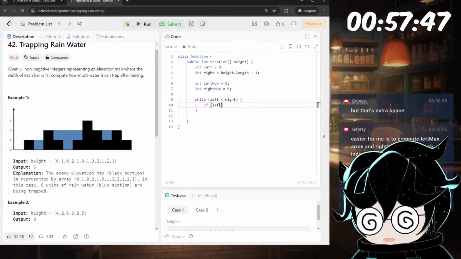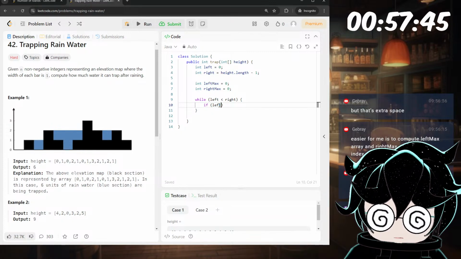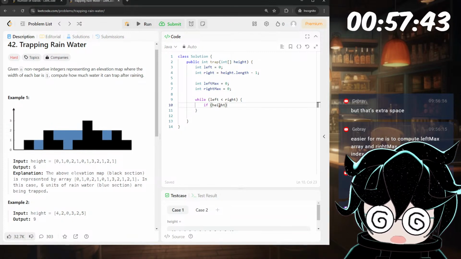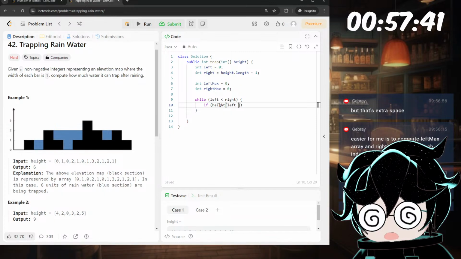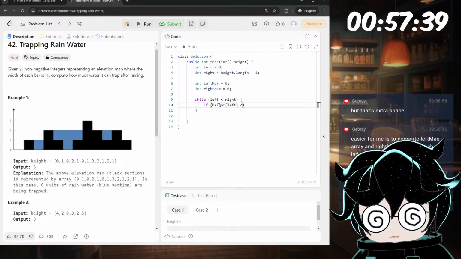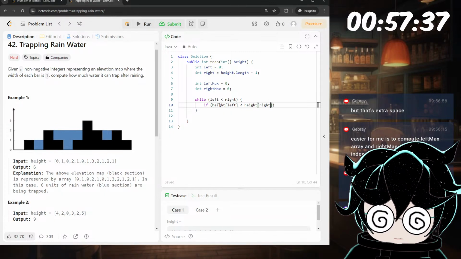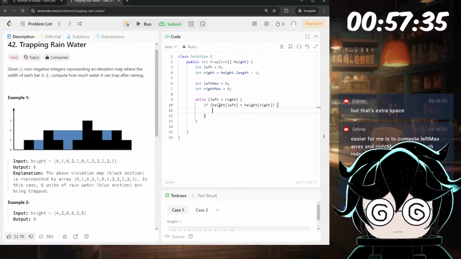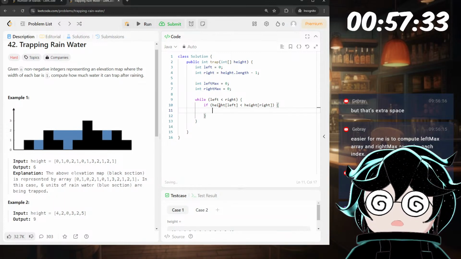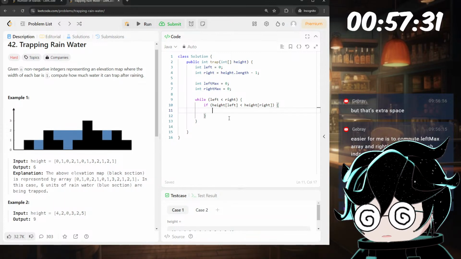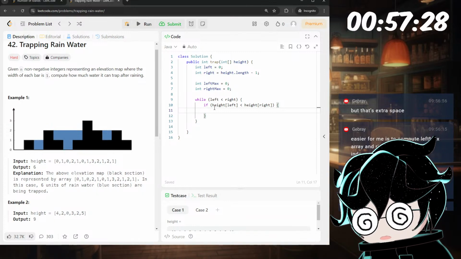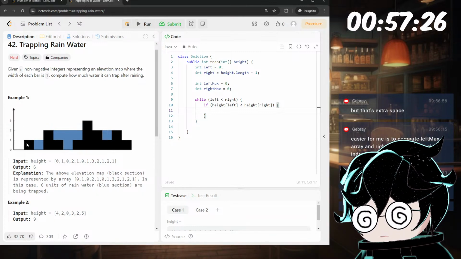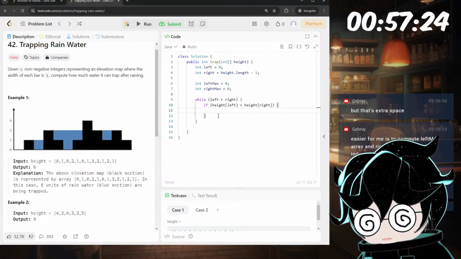If the height at left is smaller than the height at right, then that means we can possibly calculate the thing at left, right?